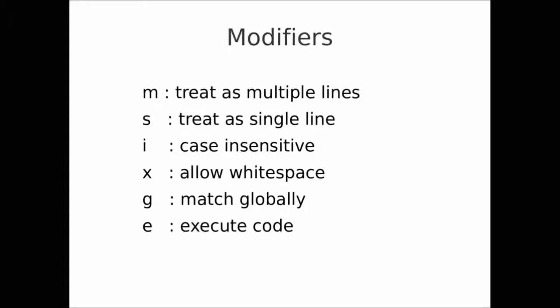So a period would match just a new line. We can do case-insensitive searches. We can allow white space in our searches. That's really something that people use just to make their regular expressions clearer. We can match globally, and we can execute code. Out of these modifiers, the 2 that you'll use most frequently are case-insensitive searching and global matching.